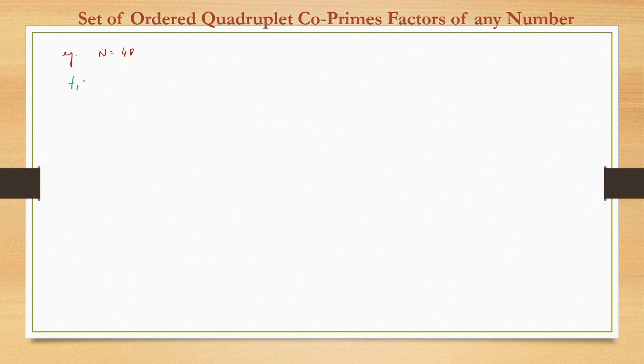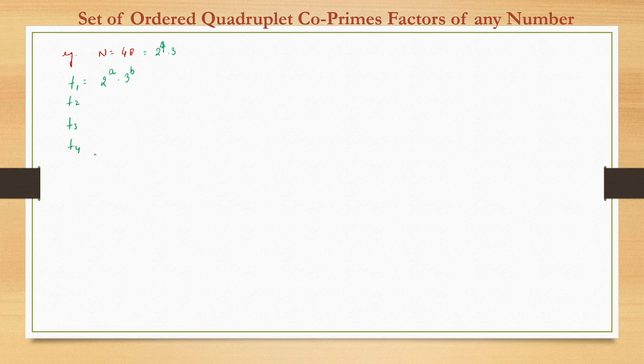Here we will have four factors: f1, f2, f3, f4, right? Again we can write it as 2 raised to power a into 3 raised to power b. All these terms can be similarly written.